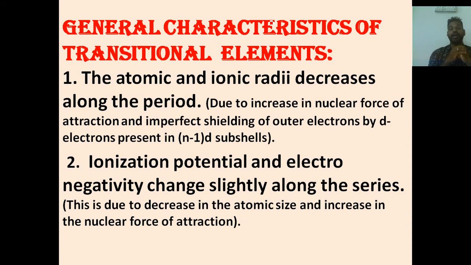And then ionization potential and electronegativity change slightly along the series. This also depends on the atomic size, as explained last year. The size of an atom is very important, and it is directly proportional to most of the characters. So ionization potential and electronegativity change very slightly because there is gradual change in the size, okay?